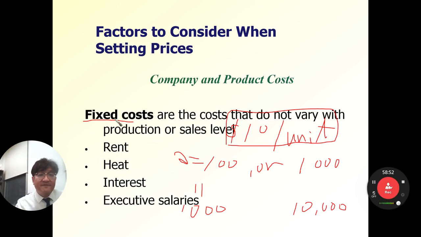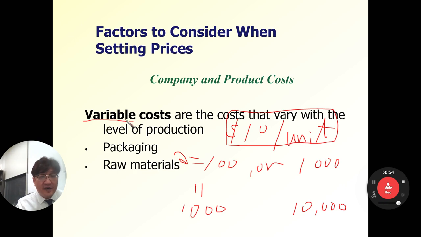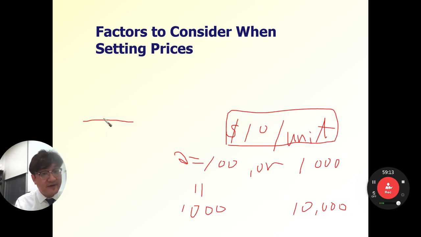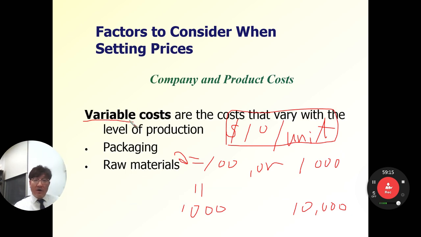So the terms fixed or variable come from the total amount of cost. We call it fixed cost because total fixed cost doesn't change, right? That is why we call it fixed. But here we call it variable cost because the total variable cost varies on the level of production.